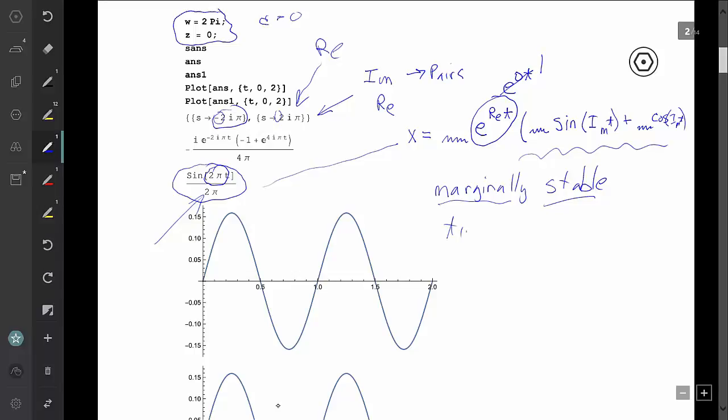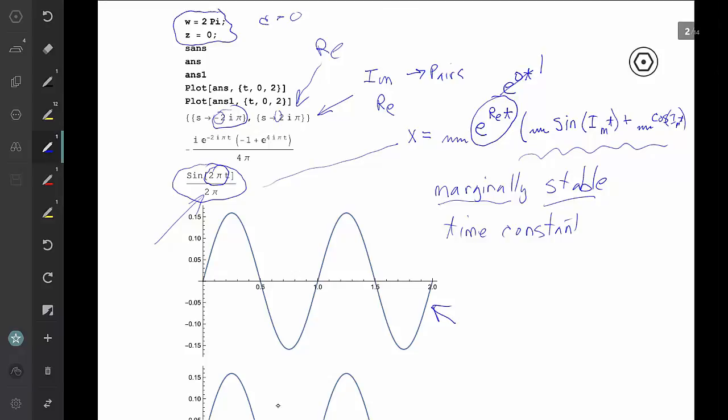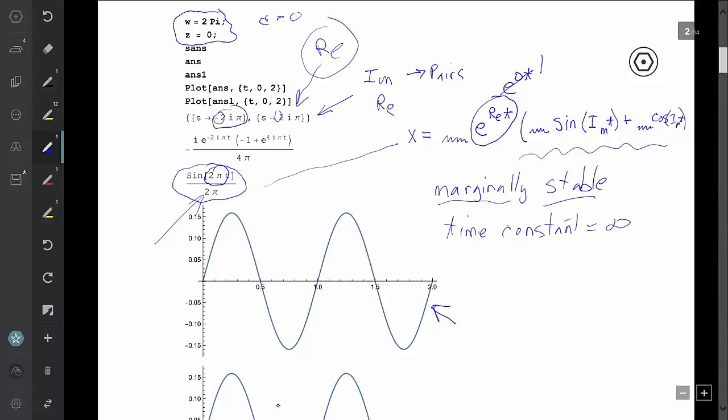In this case, it is never getting to where it's going. You can see that in the plot. It never gets there, right? It just keeps oscillating forever. And so the time constant is infinity, or doesn't exist. And you look at that because of the real parts of the S equation.